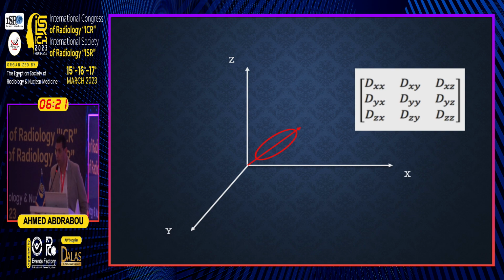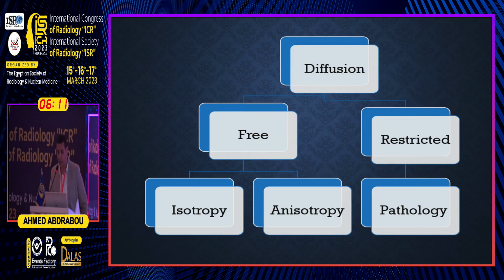And this matrix is called tensor. So what is tensor? Tensor is a mathematical representation of the water molecular movement. So to recap, we have a diffusion which is free in cases of isotropy, no preferred direction, and anisotropy, there is a preferred direction. And we have a restricted diffusion, which is always pathological.